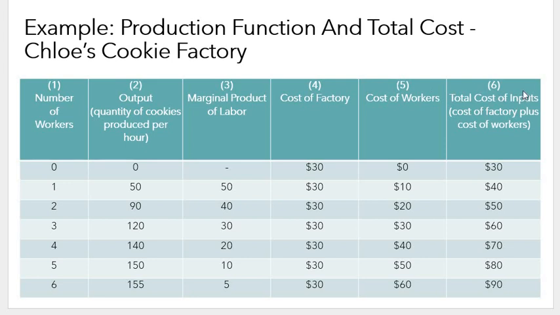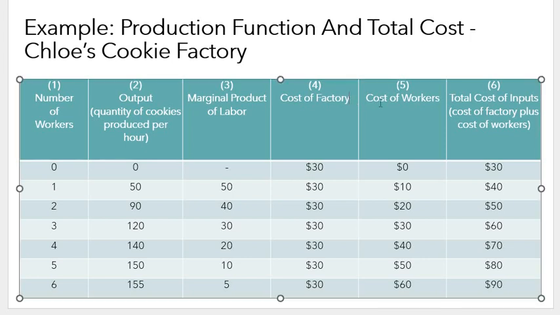Columns 4, 5, and 6 give us some information on the cost structure of Chloe's cookie factory. Column 4 is the cost of factory, or a better way to call it is the fixed cost column, because over time this doesn't change.